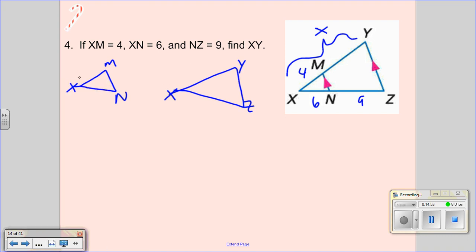So again, XM is 4, XN is 6, NZ is 9. We're looking for XY. So we know what NZ is, we know what XN is. We could use that to find the total for XZ, which would be 15. Now you can set up a proportion to find XY.